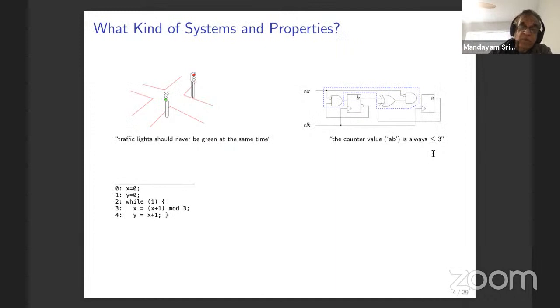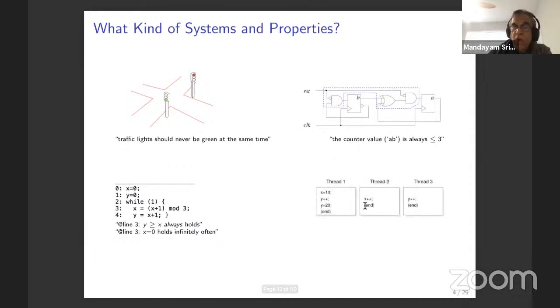Or it can be pure software, where you want to assert and verify that certain conditions always hold when the control reaches that point in the program. Or it can even be concurrent programs, and you want to assert that there are no data races or deadlock and things like that.